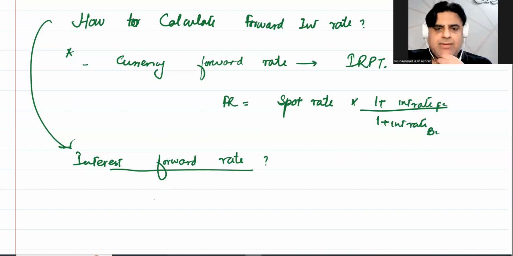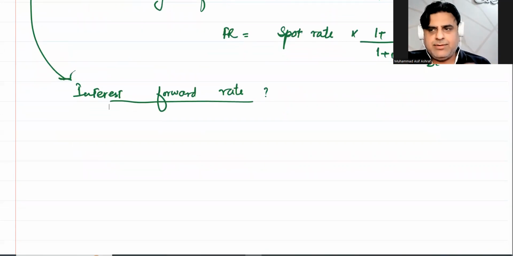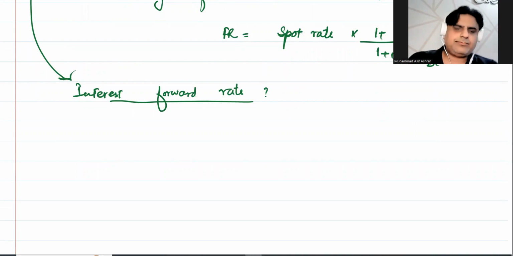But it might be possible that in a question they will not be given the forward rate, and the examiner will ask you to calculate the interest forward rate, then do the hedging. Now understand the issue? So for that purpose, remember how you will calculate it.